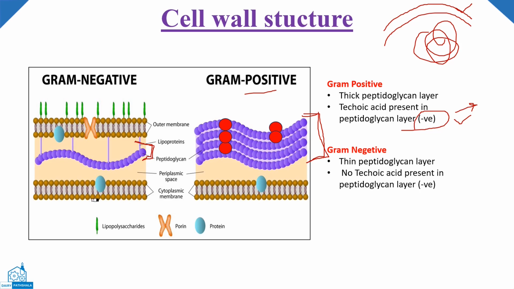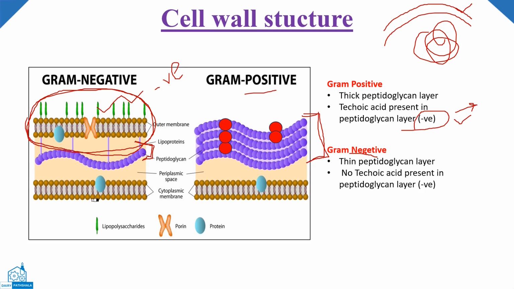For gram negative, no teichoic acid is present, but they have an outer membrane, which has some negative charge. This outer membrane is known as lipopolysaccharide, the lipopolysaccharide layer, which also has negative charge, due to the presence of phosphate group in this structure.